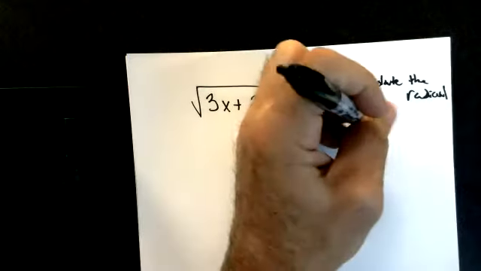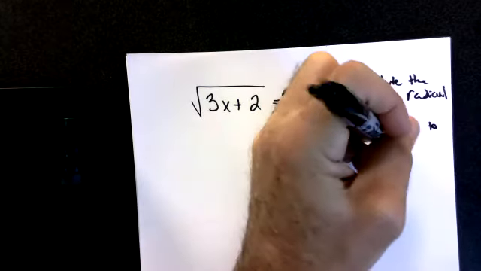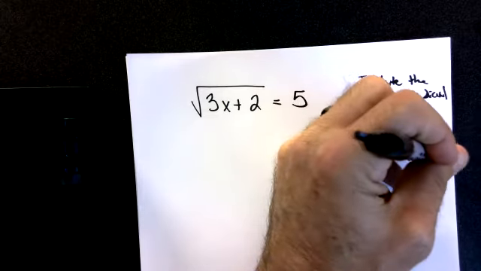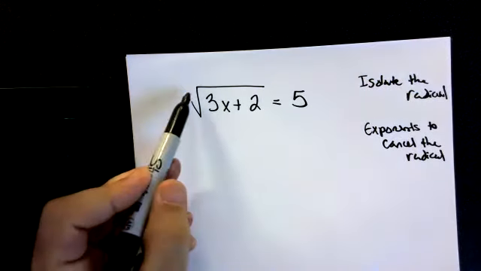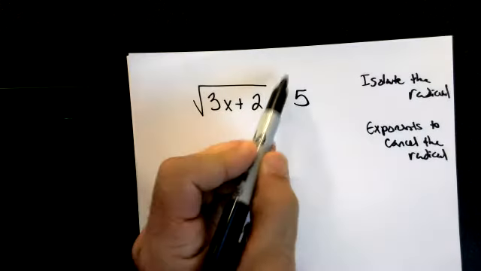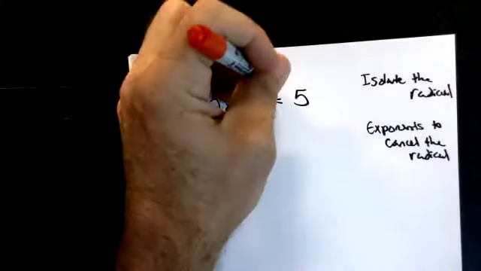Then you're going to use exponents to cancel the radical. So if this was a cubed root, we would use a cubed power. If this was a fourth root, we would use a fourth power. To get rid of a square root, we use the squared power.